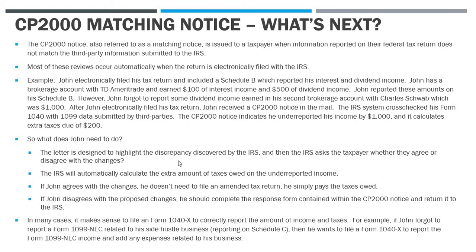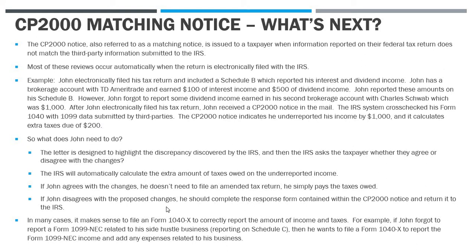And so the IRS will automatically calculate it based upon you agreeing that you didn't report all of your income. And so if John, in this case, agreed with the proposed changes, he doesn't have to file an amended tax return, but he just has to pay the taxes owed. So he would have to pay an extra $200, and then that would resolve the notice.